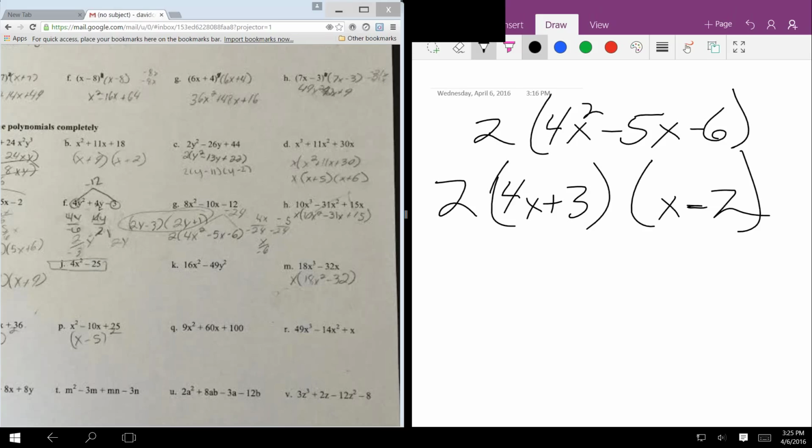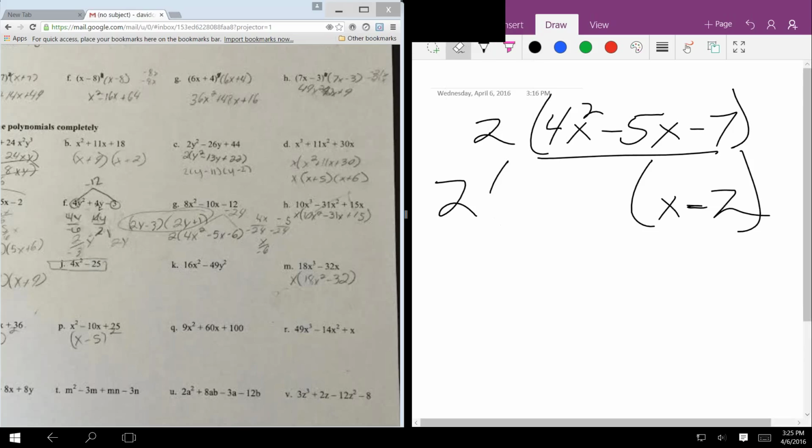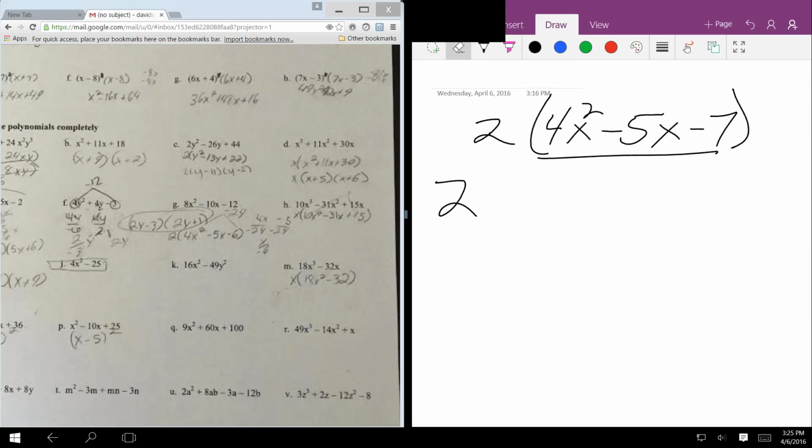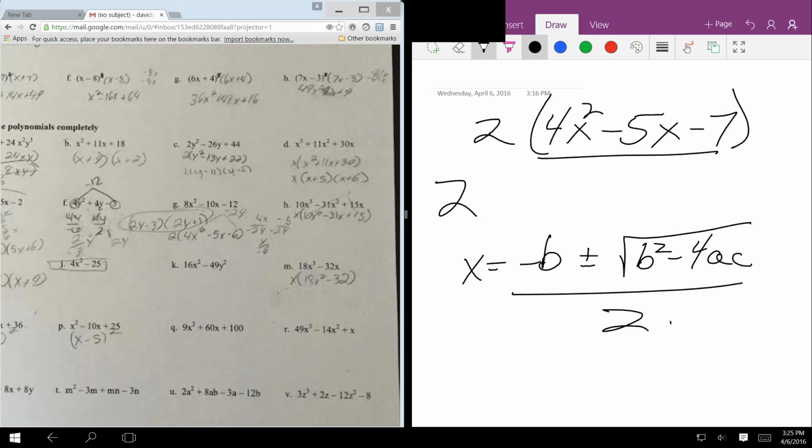When do you use the quadratic formula? If this cannot be factored. In other words, if this was a 7 instead of a 6, then I wouldn't be able to factor it. And if I can't factor it, then x is always equal to minus b plus or minus the square root of b squared minus 4ac, all over 2a.